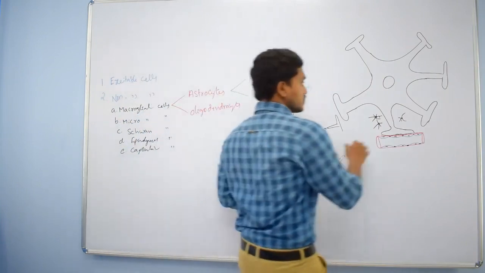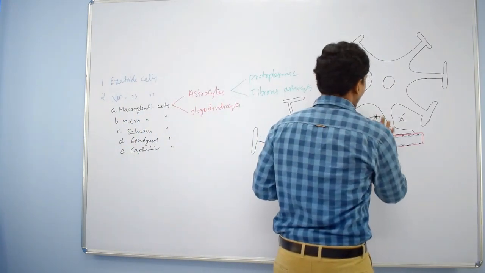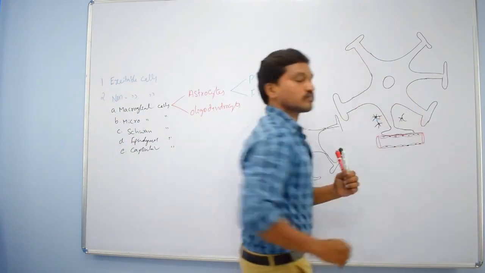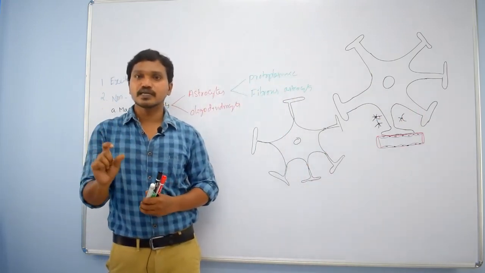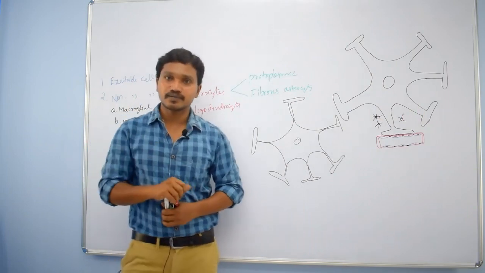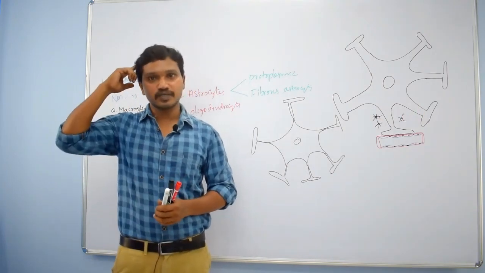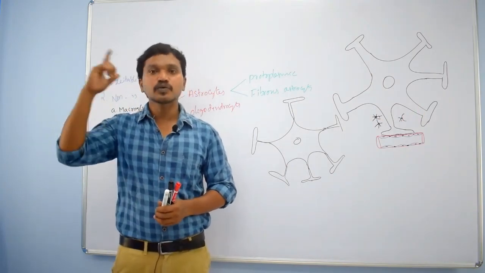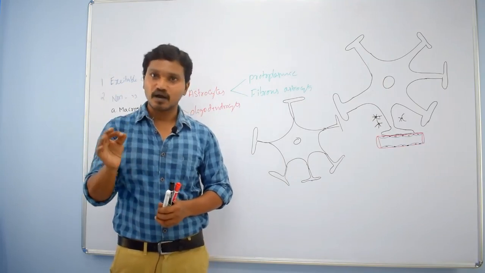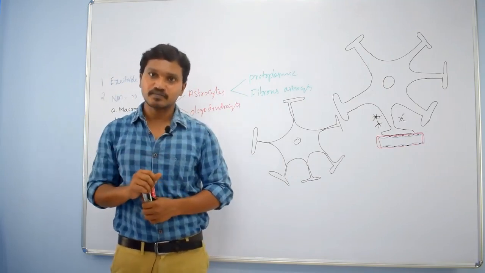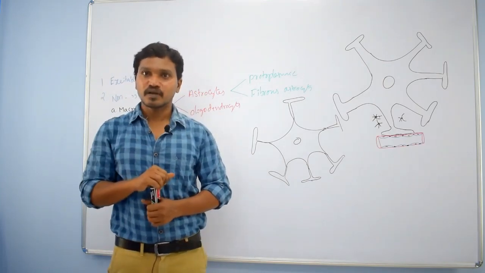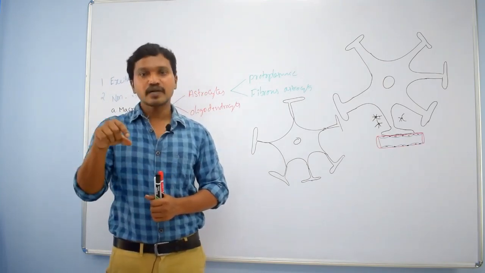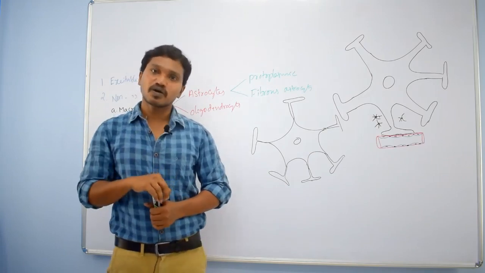Then this blood-brain barrier, how did scientists find it? First, they injected a dye through the blood and observed the brain tissue, but they couldn't identify any stain or color of that dye. Right? And the same dye they injected through the ventricular system.